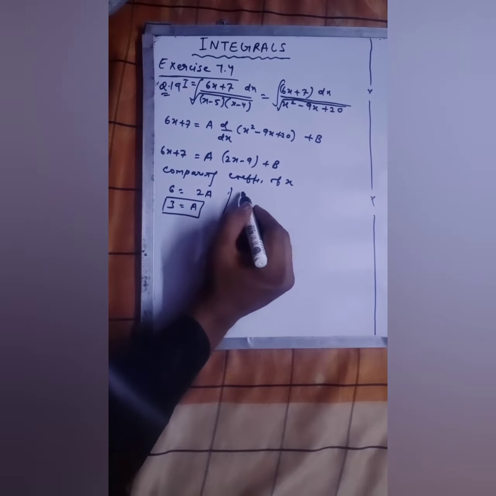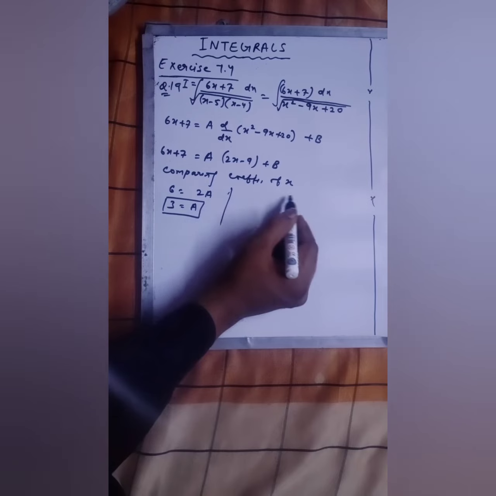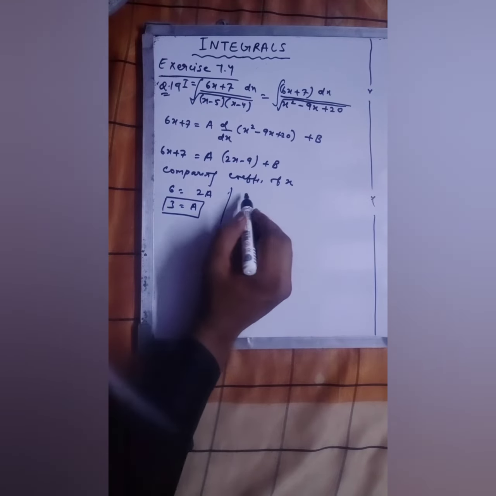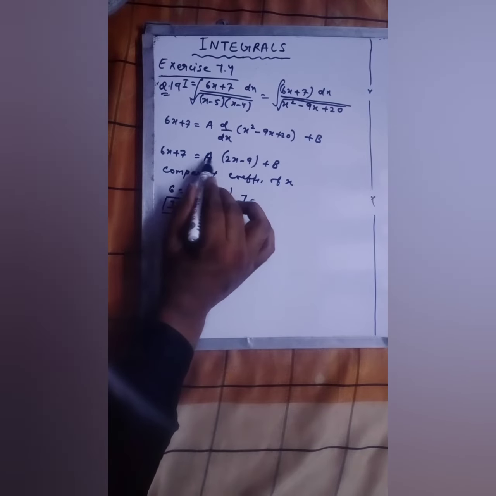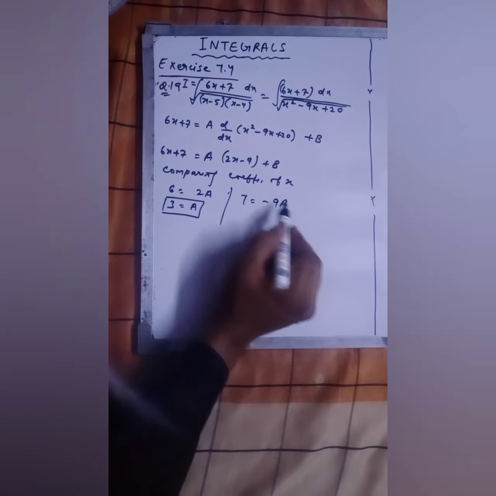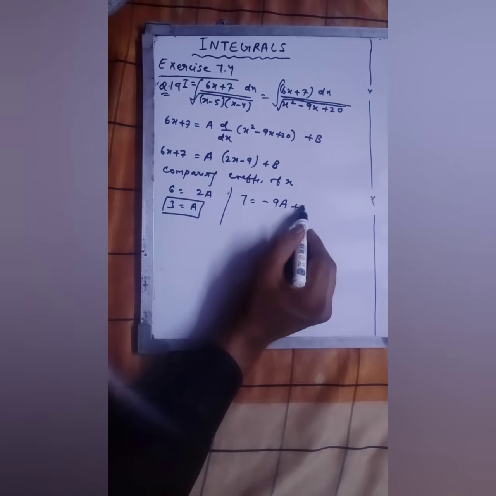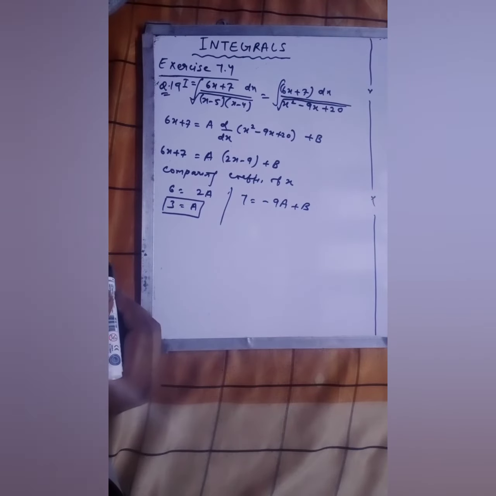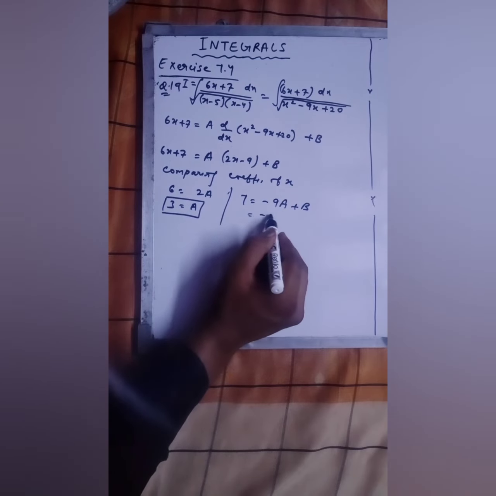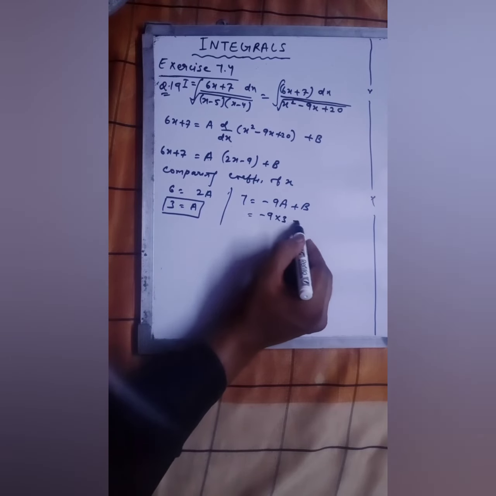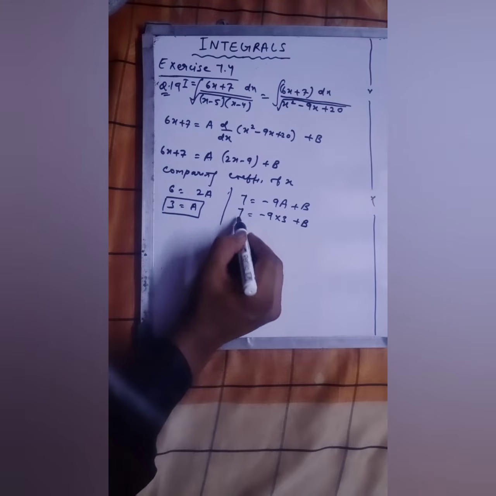Okay, here I'm comparing the constant term on both sides. When you compare the constant terms, you will get 7 is equal to minus 9a plus b. So these are the constant values. Here you have to put the value of a: 9 into 3 plus b is 7.